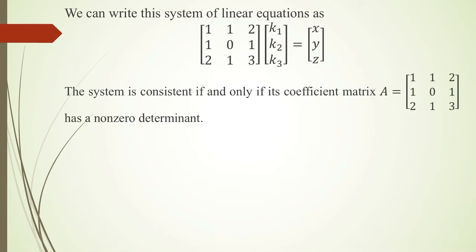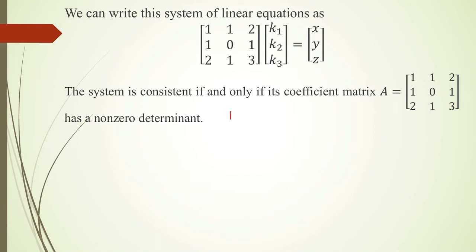So this system has a solution for any x, y, z if and only if the coefficient matrix has a non-zero determinant. This is a theorem. So let's find the determinant of matrix A.